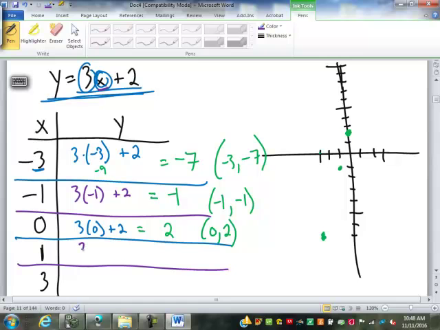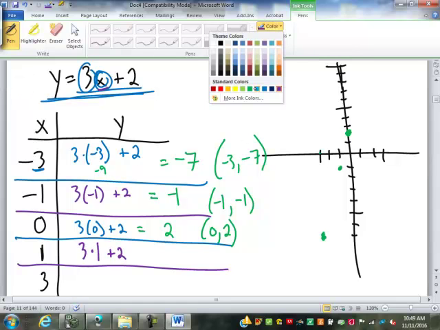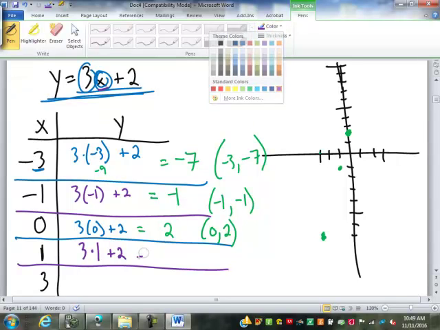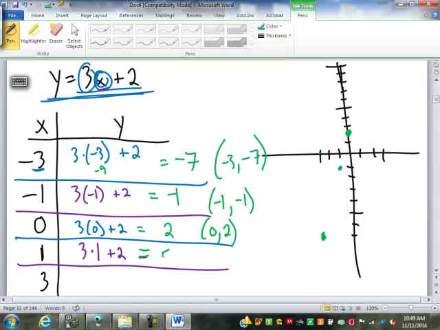X is 1, so 3 times 1 plus 2. Well, 3 times 1 is 3, plus 2 would be 5. So when x is 1, y is 5. So 1, 5.